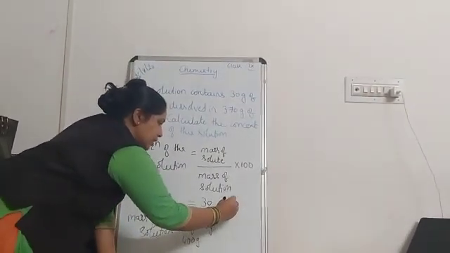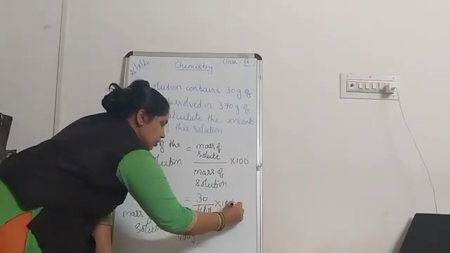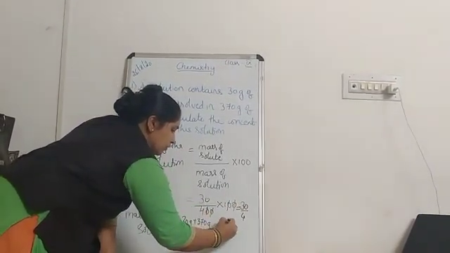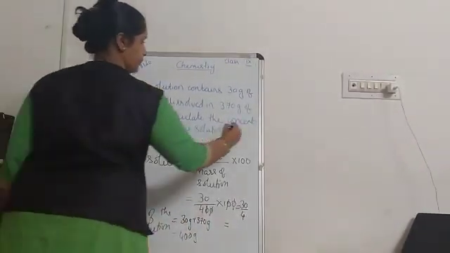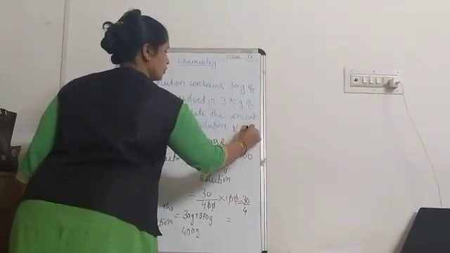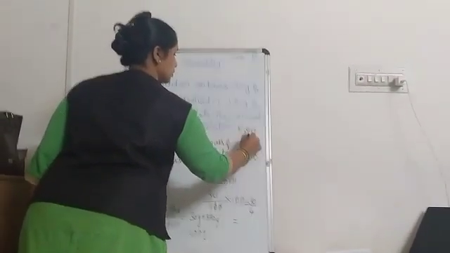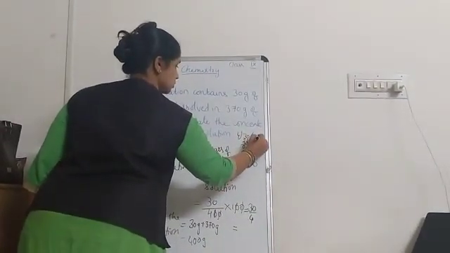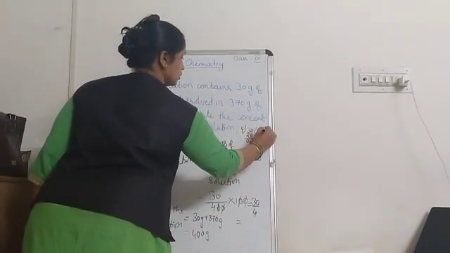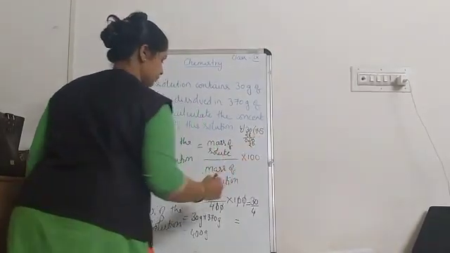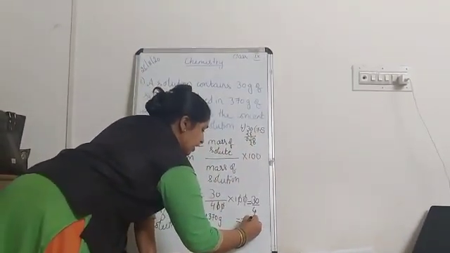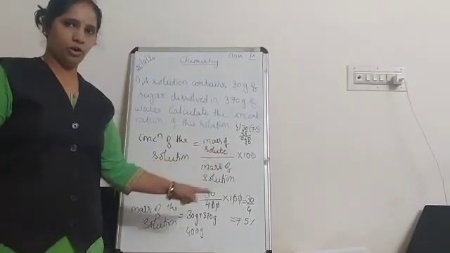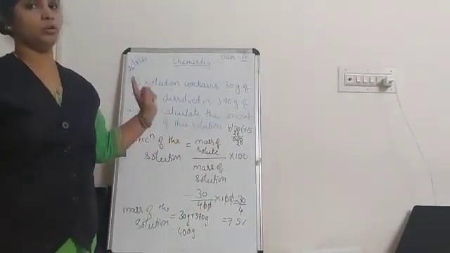So now I am going to cancel this. So 30 divided by 4 will be 7.5. So in 100 gram of solution, 7.5 gram of solute will be present.